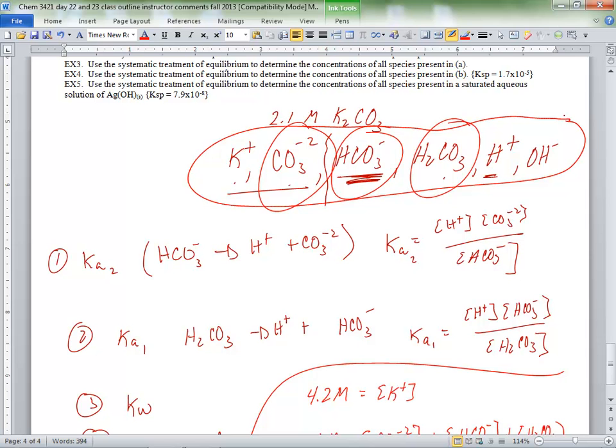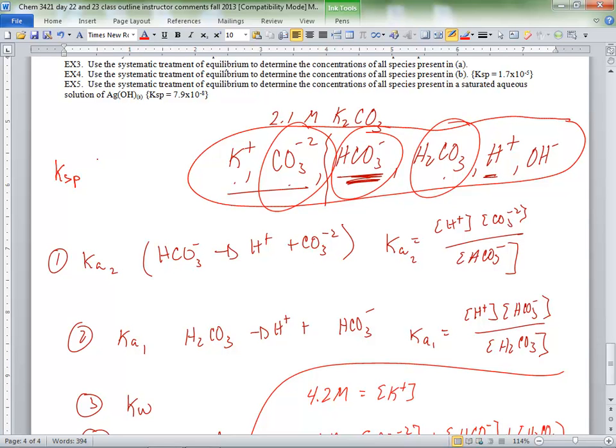Do you do a KSP then for your potassium carbonate? Oh, good point. You might be really, really tempted to write a KSP. That would be wrong. Why? Because it's a Group 1.